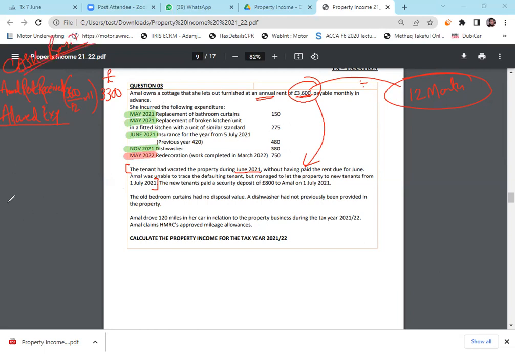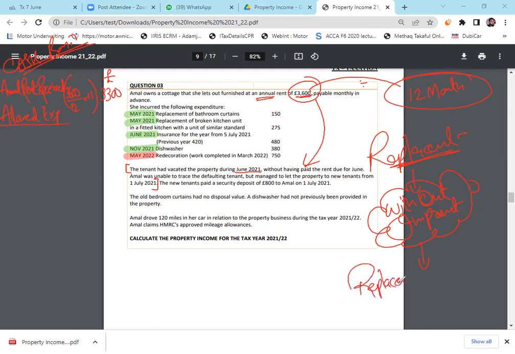First expense is replacement. Whenever the replacement comes, you must see without improvement, and the formula is replacement cost minus scrap value, right or wrong? Yes. Okay, now replacement of bathroom curtains.